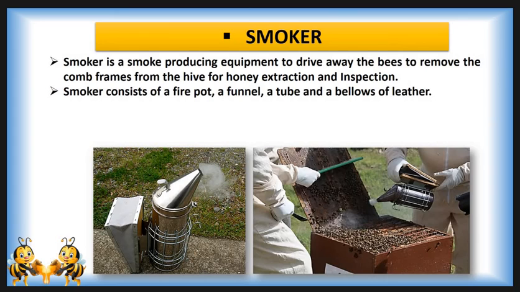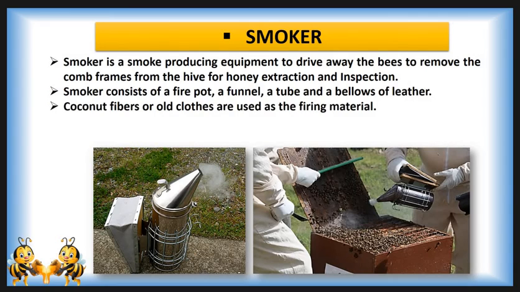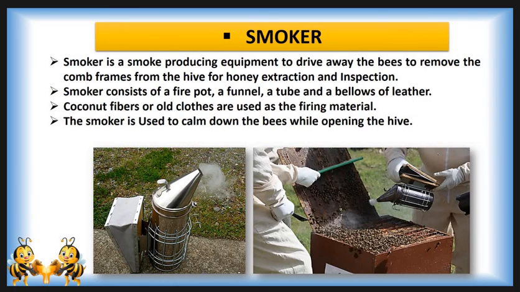The fire pot is a cylindrical container made from stainless steel or copper. Coconut fiber or old cloths are used as firing material. The smoker is used to calm down the bees while opening the hive. Honeybees avoid smoke, hence they move away from the smoke.